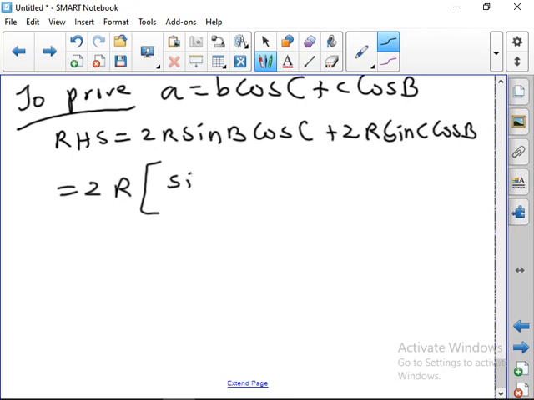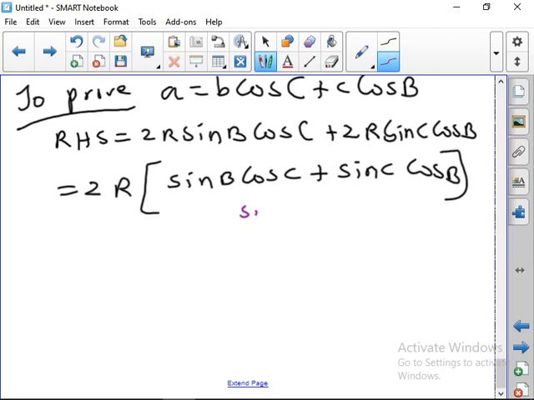We have sin b cos c plus sin c cos b. இப்போ இது பார்த்தோன்னா என்ன ஞாபகம் வருதுமா? What do you remember? sin a plus b formula ஞாபகம் வருதா? What is sin a plus b? sin a cos b plus cos a sin b.